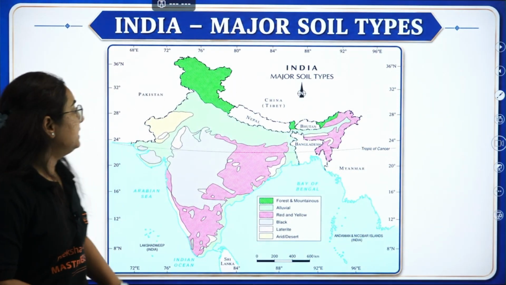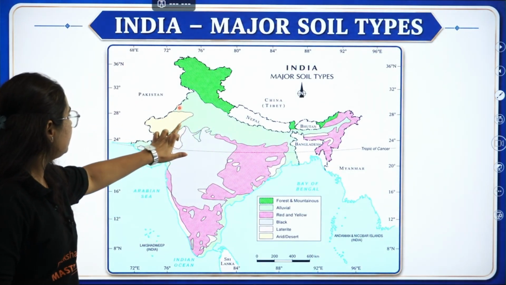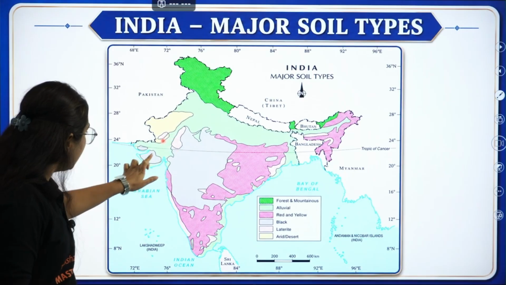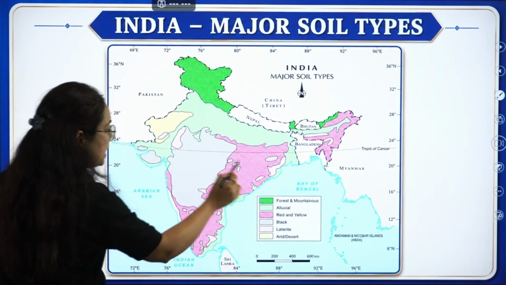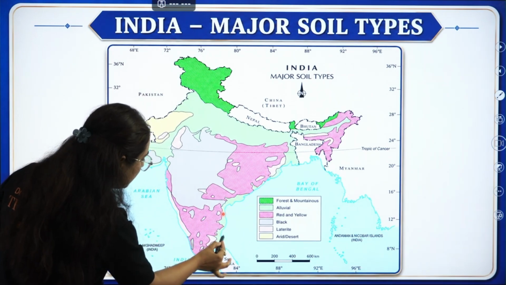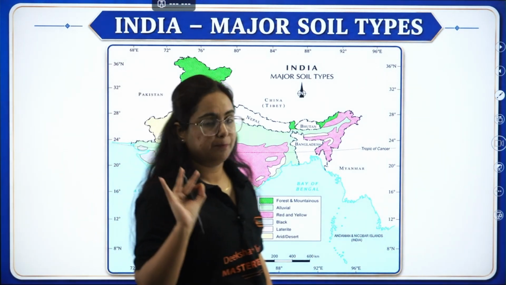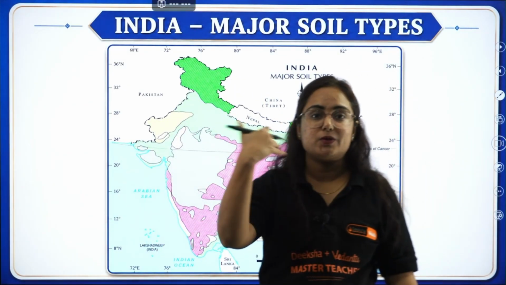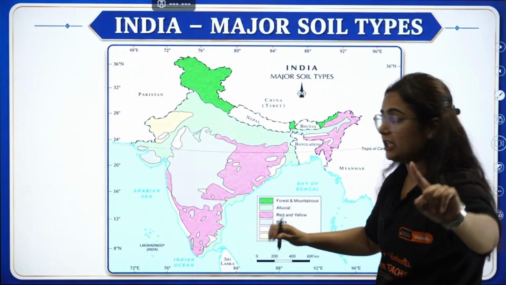The next one which you can see in this region, this light green color. Here a corridor of Rajasthan and Gujarat is also covered, plus in the eastern coastal plain, you can also see this type of soil. This is alluvial soil, the most fertile, the most nutrient-rich soil. But why? Pay attention to the map.